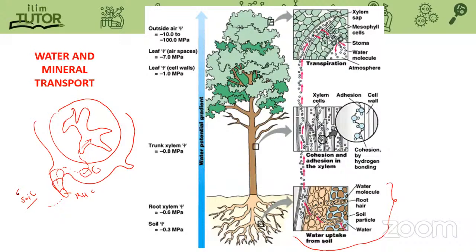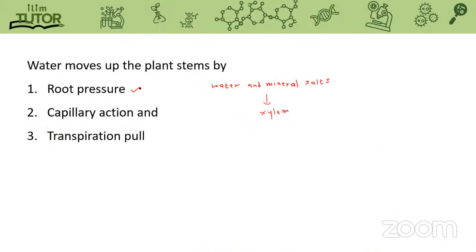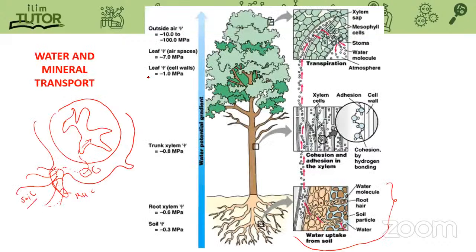That is what this whole idea of root pressure is all about. The cells of the root could pump in more ions to increase the water concentration gradient so that it takes in more water from the soil. By taking in more water from the soil, it increases the pressure of water within the root.